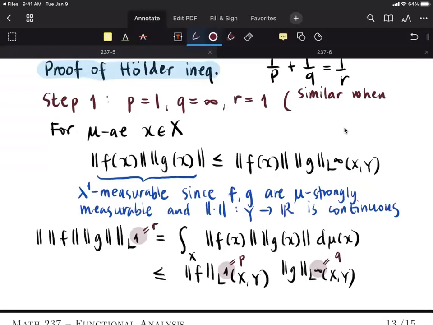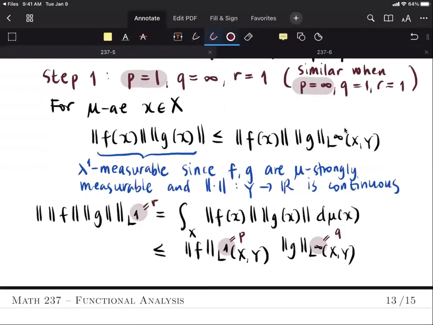So you just need to here take the L infinity norm of F instead of G. So the proof is similar when P is equal to infinity, Q is equal to 1, and R is equal to 1. Okay, so this will establish the case when P is equal to 1 and P is equal to infinity.